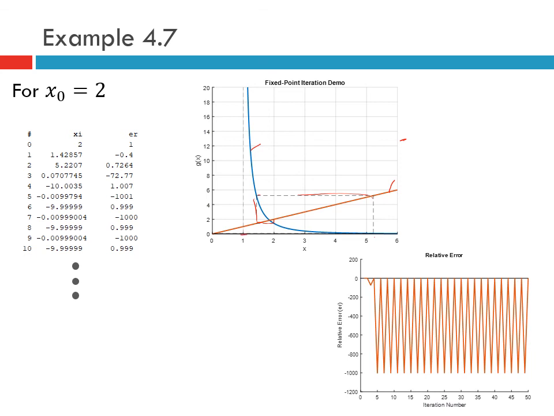Looking at the estimate of x i and the relative error, you can see very quickly that it's diverging and oscillating between positive and negative values. You can see that from plotting the relative error as well. This shows the relative error for the first 50 iterations, and it's just oscillating. This will never converge.